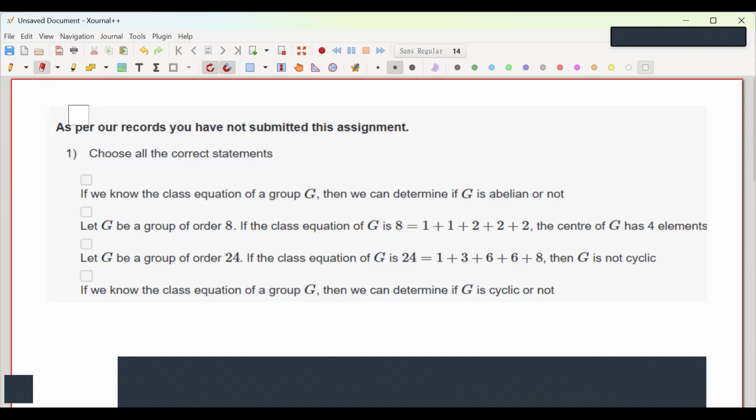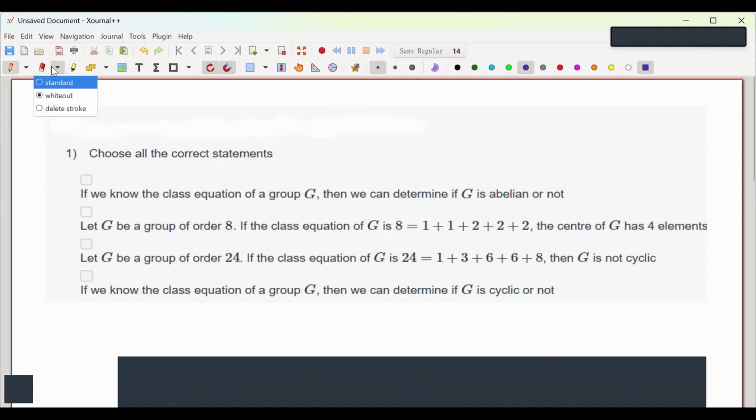So we need to choose all the correct statements. We just remove this part. This is my mistake. If we know the class equation of G, then we can determine if G is abelian or not.